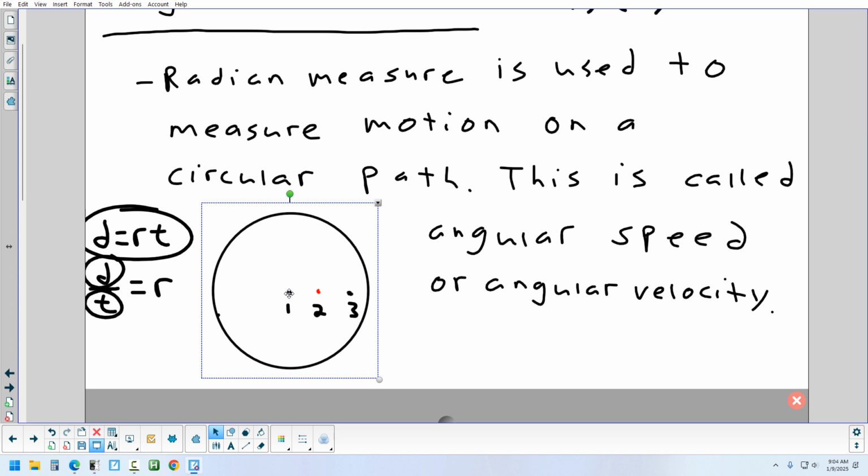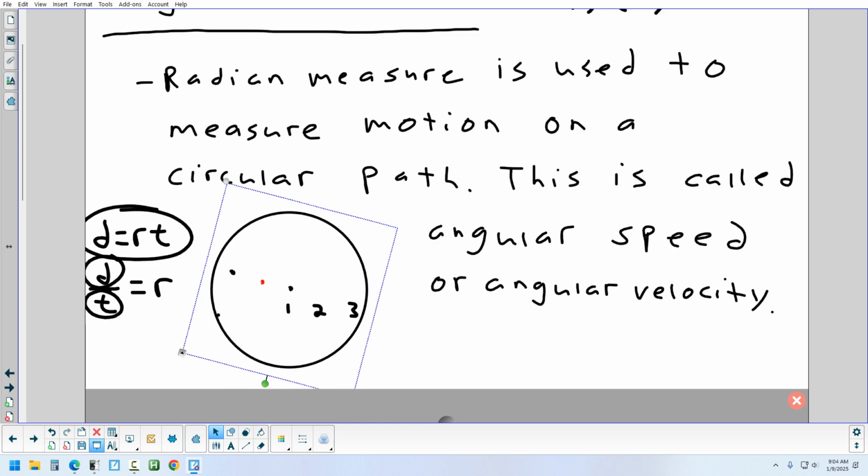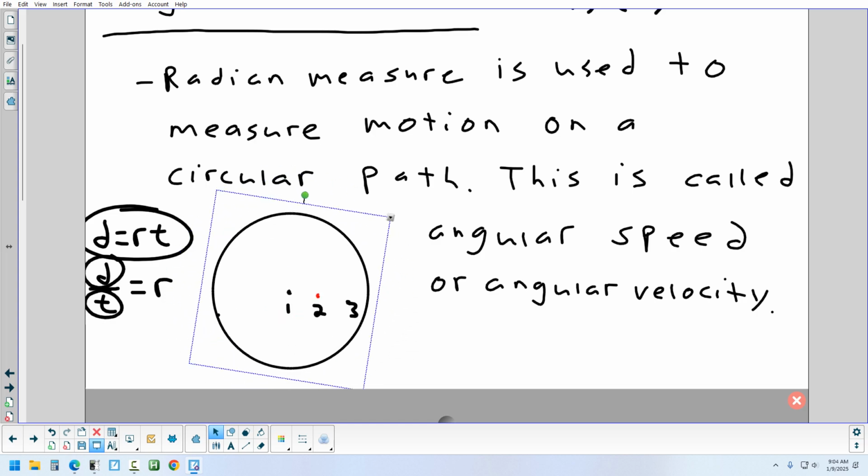It gets confusing. But one thing that is consistent is we can say all of those dots made one revolution. Let's say it took me like 3 seconds to do that. They made one revolution in 3 seconds. The size of the revolution is different, but they still all made one revolution in 3 seconds. Okay? So that's why when we describe the speed of something spinning, you use either revolutions, radians, or degrees. Okay?